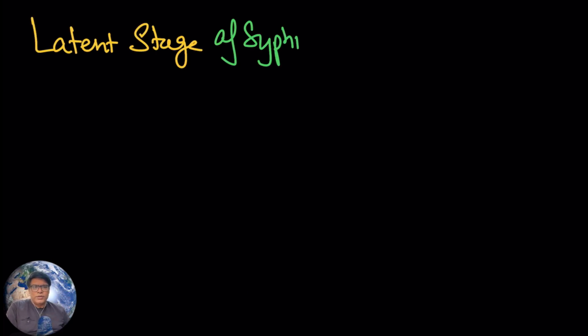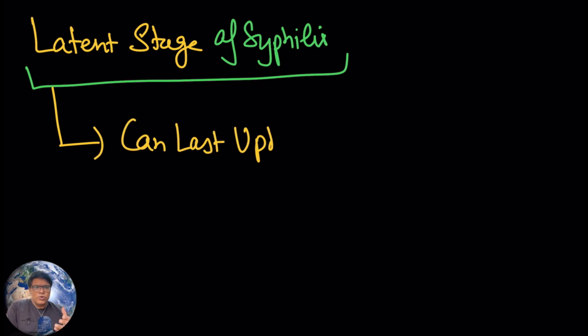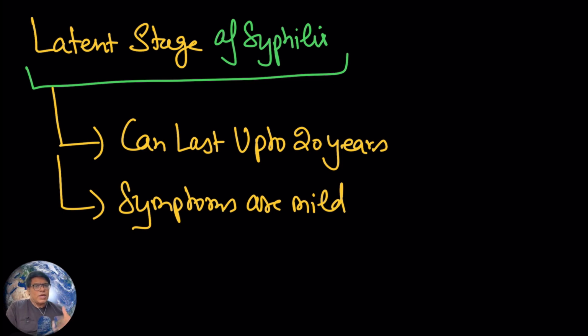Now try to see here what is going to happen when the individual has the latent stage of syphilis. In the latent stage, these bacteria can survive up to 20 years within the individual's body. Generally, the symptoms are mild.